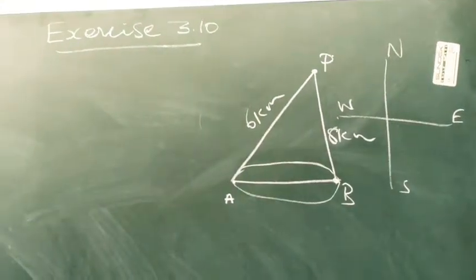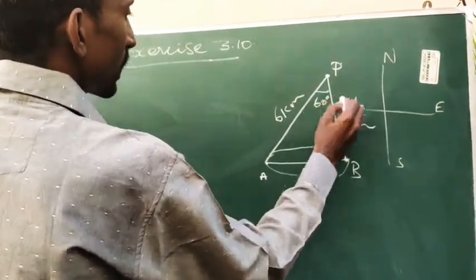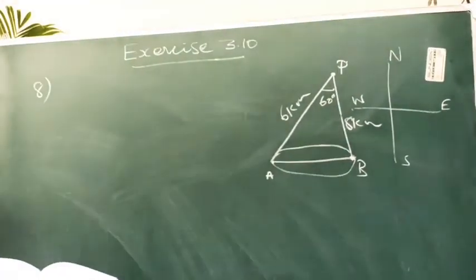If the angle between the two lines of sight is 60 degrees, find the width of the pond.